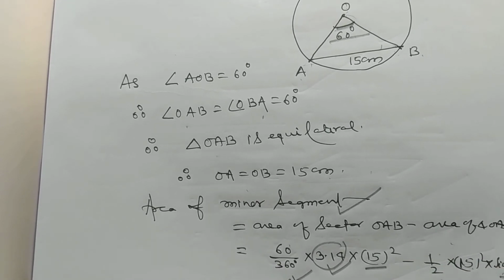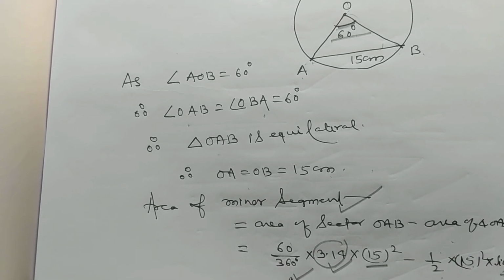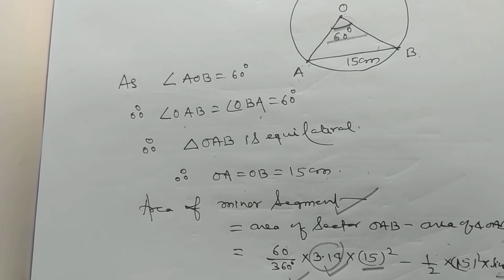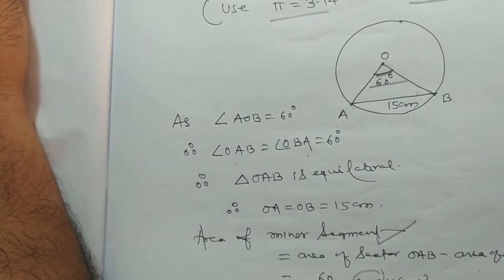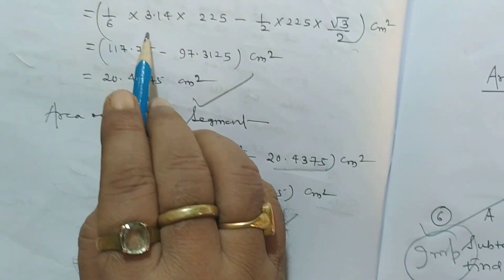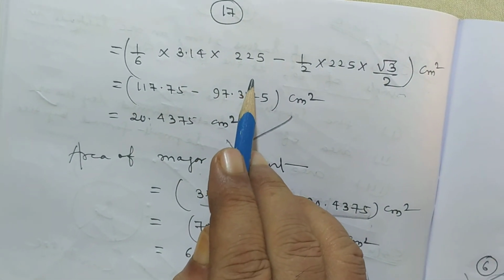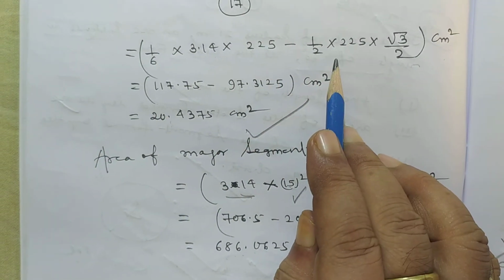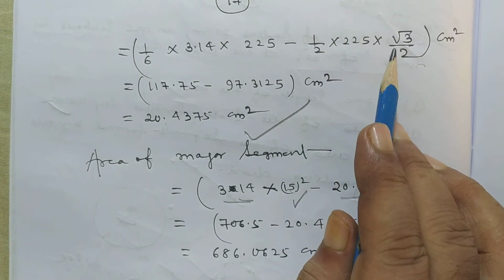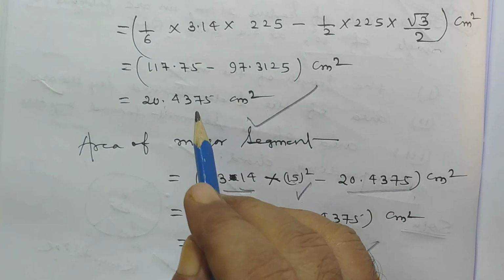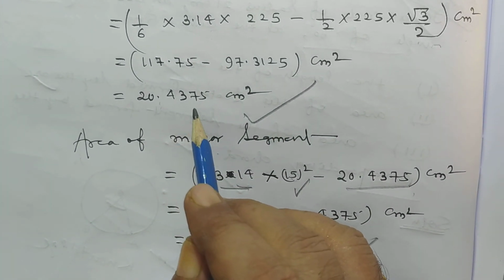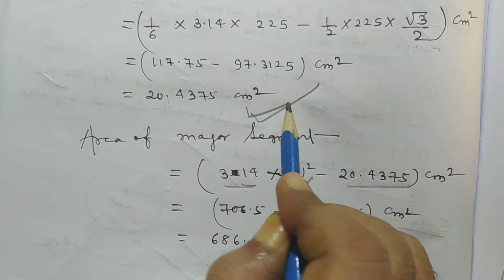That is 60 by 360 degree into 3.14 into 15 square minus 1 by 2 15 square into sine 60 degree, and it will be 1 by 6 into 3.14 into 225 minus 1 by 2 225 root 3 by 2 within the bracket centimeter square, and after solving it we get 20.4375 centimeter square.